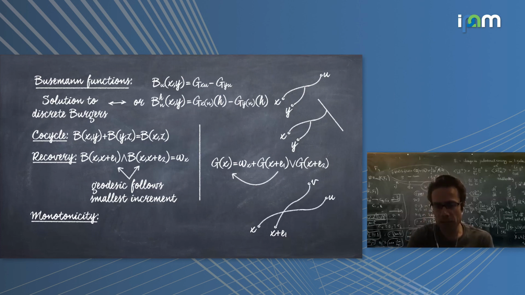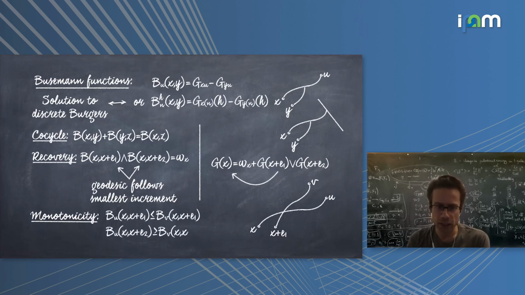Okay, so you use that fact to prove the following inequalities between the increments. So the E1 increment goes one way, and the E2 increment has monotonicity the other way.